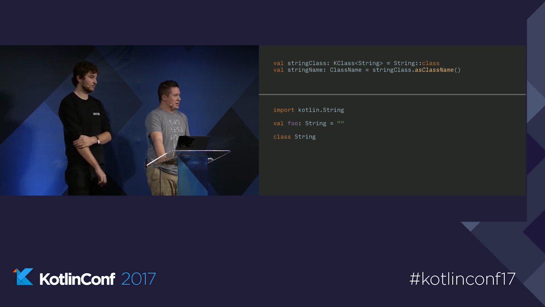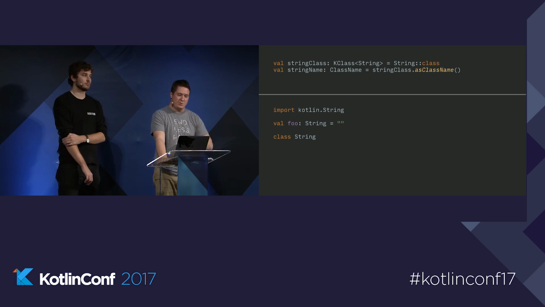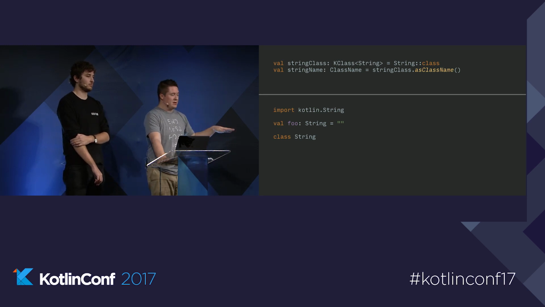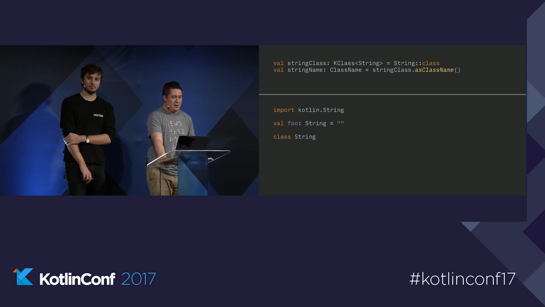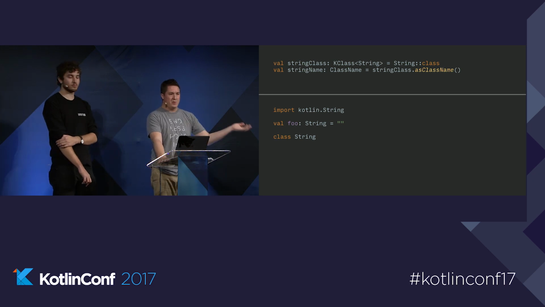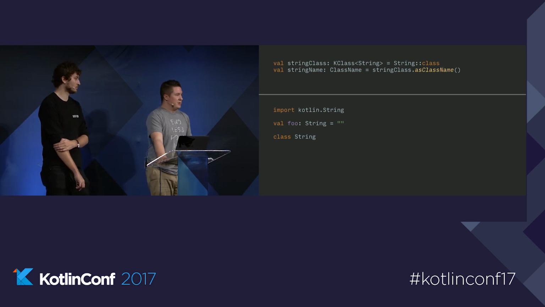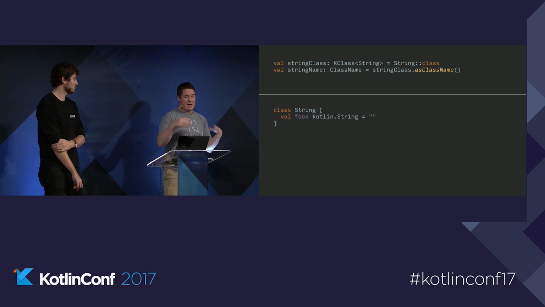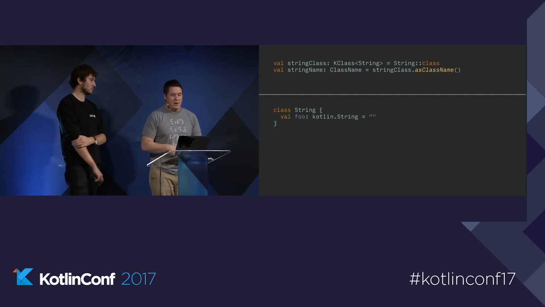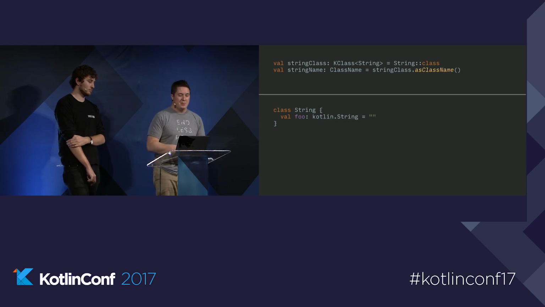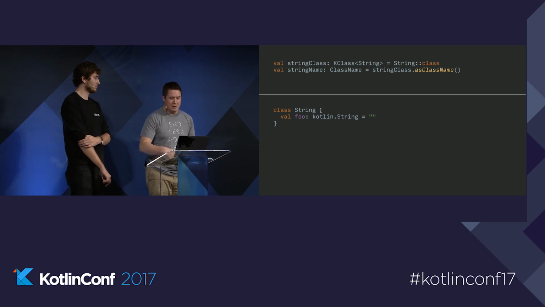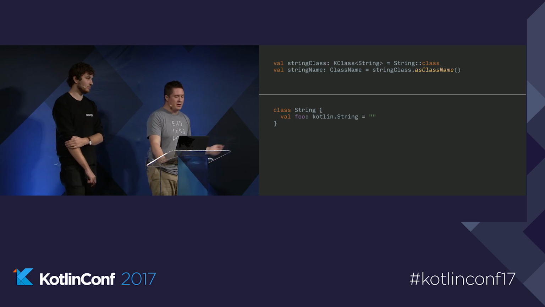And the nice thing about this is that KotlinPoet understands how type resolution works. So if you have an adjacent class, which is a different string, this is still correct. It will pull the one that's coming from the import. But if you're generating a property inside of a class called string, KotlinPoet understands that it needs to include the fully qualified reference here, because you want to refer to the Kotlin platform type and not the type that you're inside of.